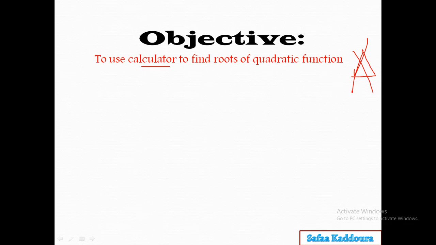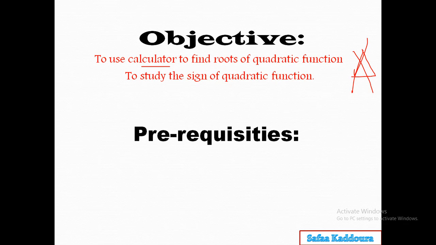After finding the roots by using the calculator, we will study the sign of a quadratic function. We will remember together the rules of sign of a quadratic function. After finding the roots, if we have two roots, inside the roots the sign is opposite to a, and outside the roots the sign is the same as a.